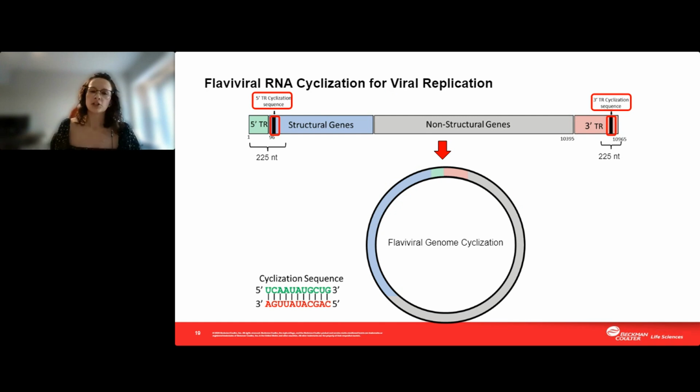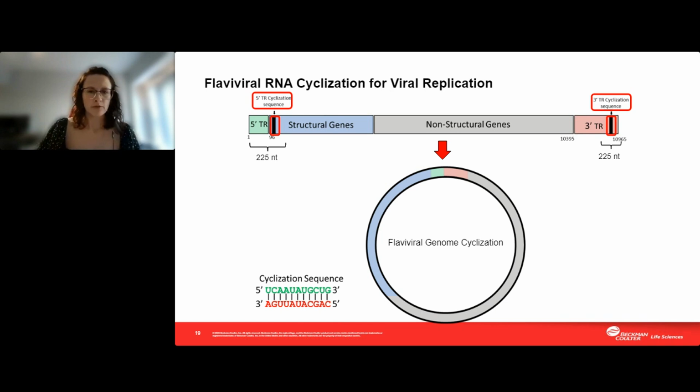It's a linear genome initially, but in order to replicate, the genome needs to cyclize. What they wanted to do was find out what the main drivers of this cyclization were. The idea being that if you can find out what drives the cyclization within the sequence, you could potentially try and disrupt that and prevent the cyclization, therefore preventing replication and ongoing infections.